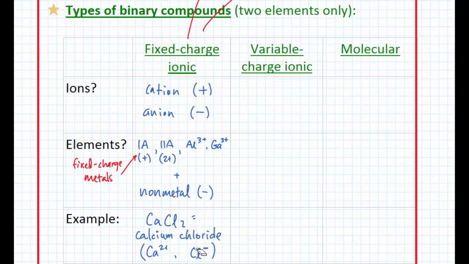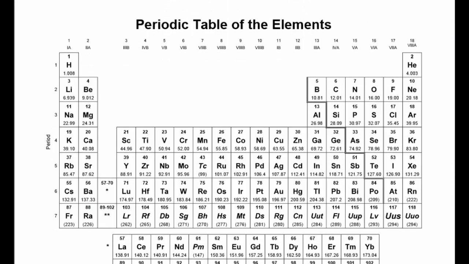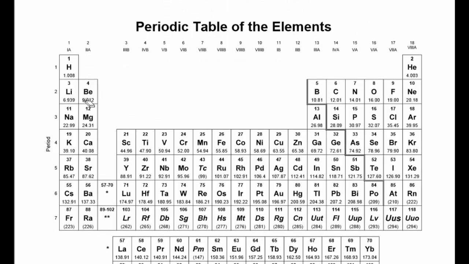Okay? So we talked about group 1A, group 2A, aluminum, and gallium, but there's a whole lot more of the periodic table that we didn't talk about, right? We talked about these are plus, these are 2 plus, aluminum and gallium. Okay? There are a whole bunch of other metals. What did we call this section of the periodic table in the middle?